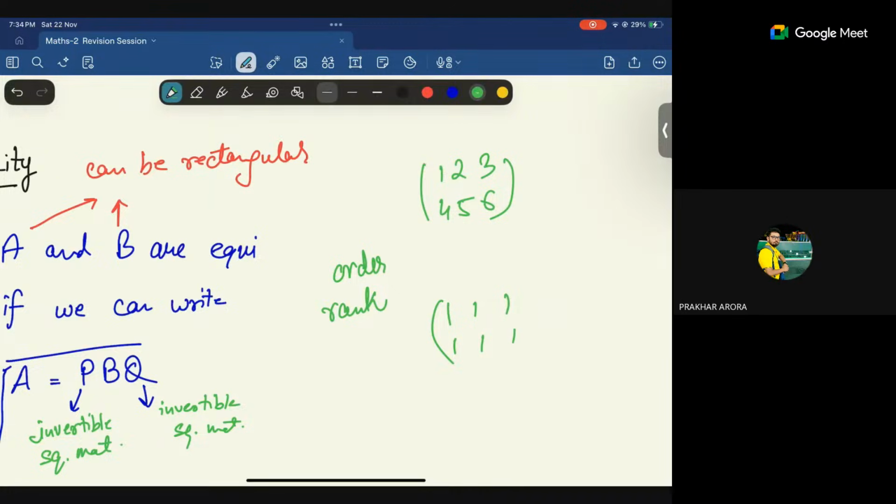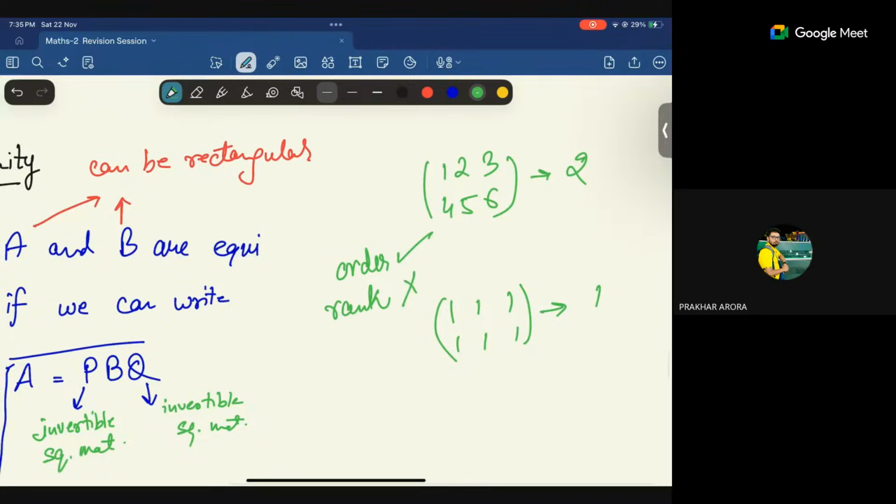Now let's make the order the same. Is the rank the same? The rank of this matrix will come out to be 2. You can check for yourself. The rank of this matrix will come out to be 1. Therefore the order is the same but the rank is not, so this is not equivalent.